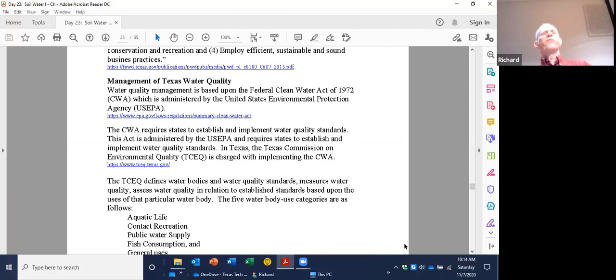Now, as before, we've mentioned that Texans don't like to be told what to do. Texans were really bent out of shape over this Federal Clean Water Act. And they didn't like the Environmental Protection Agency telling them what to do.